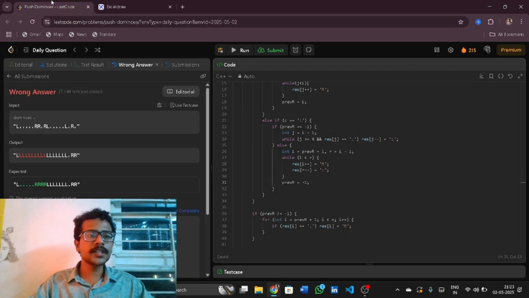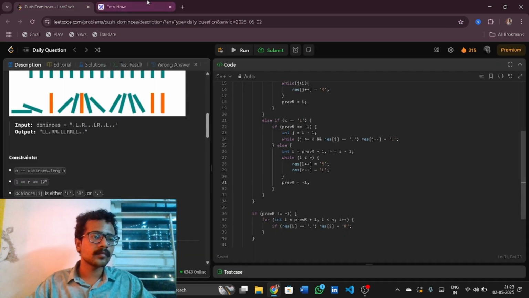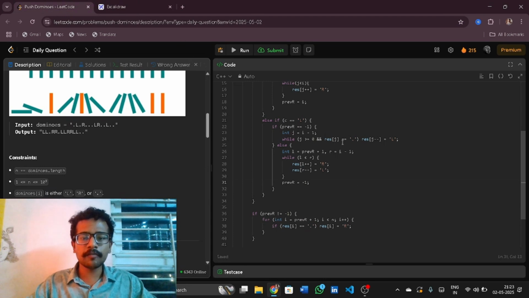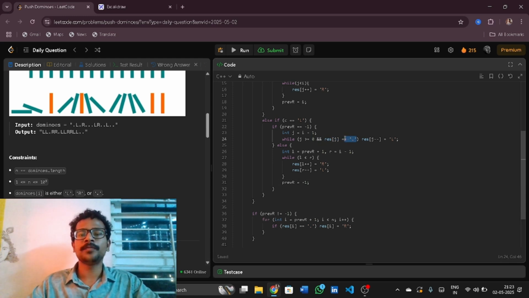Now the question is, what if I remove this result of J is equal to dot? Why did I place it over there? If I remove it and submit it, but before even submitting it, let us see.